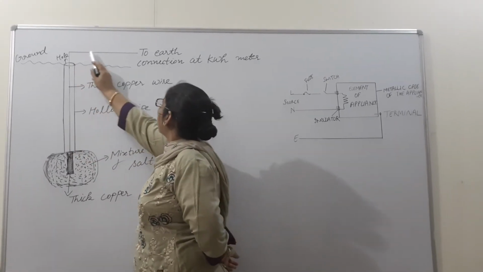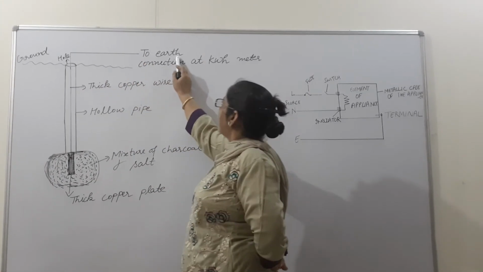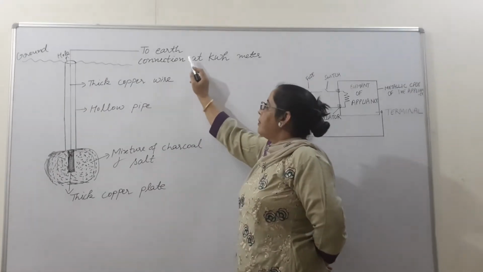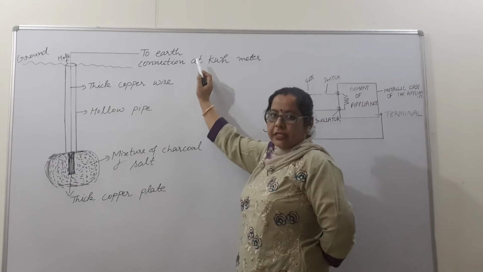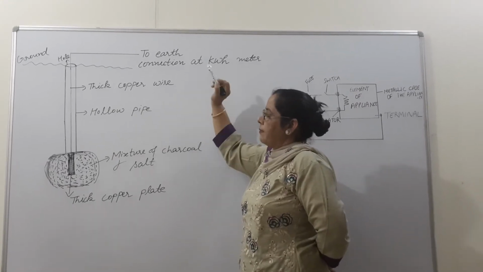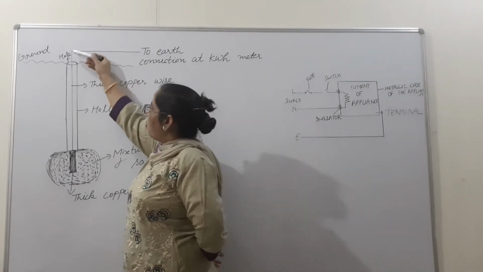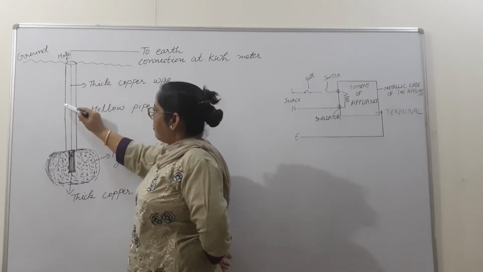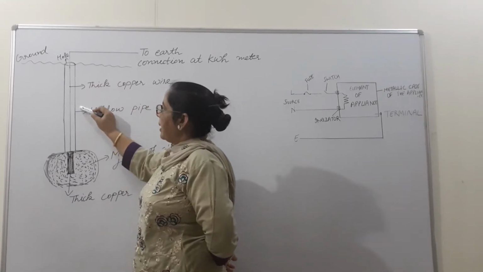Then it is connected with the earth, and that connection is at the kWh meter. Through this hole, this wire is passing, covered by the hollow insulating pipe.